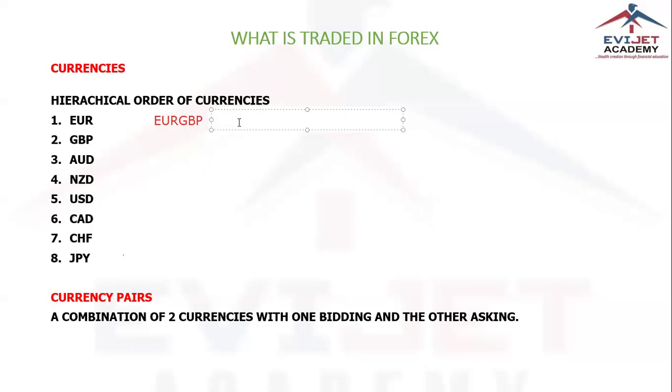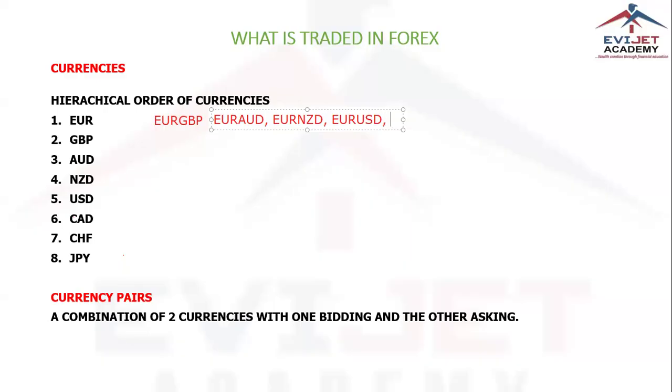So you can have Euro GBP, then Euro AUD. Euro AUD is the next one after GBP. Then the next one will be Euro NZD. After Euro NZD, the next one would be Euro USD.